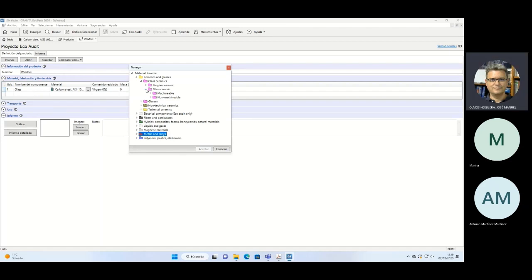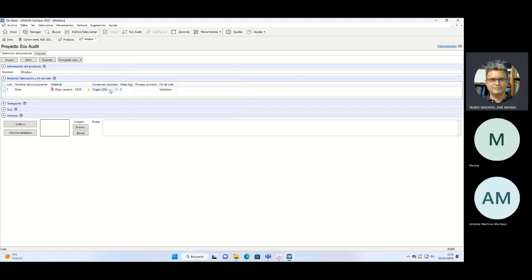Machinable or not machinable? Machinable. Why? Because it's there. Machinable, but we will machine it. I mean, you cut the shapes. Yeah, to do this shape, you have to cut it, so it should be machinable.